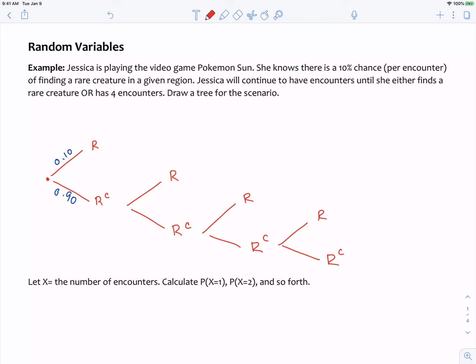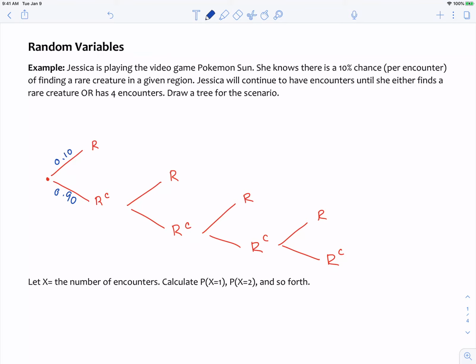All right, and so now I can add the probabilities to the rest of the branches. Now, we don't know explicitly whether this is independent or dependent. It's not been stated in the problem, but again, when we're given percentage information and not a total to work from, we don't really have a choice. We have to assume that there's independence in each of her encounters.